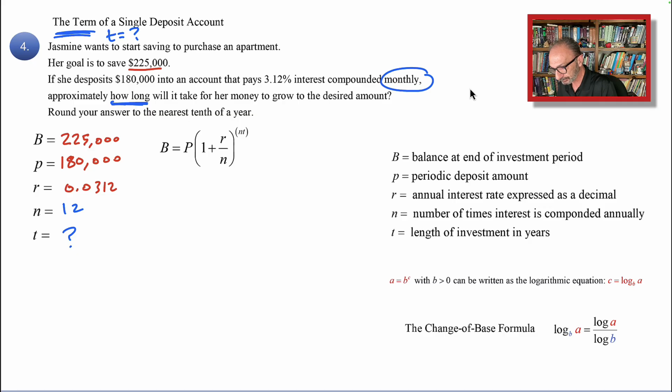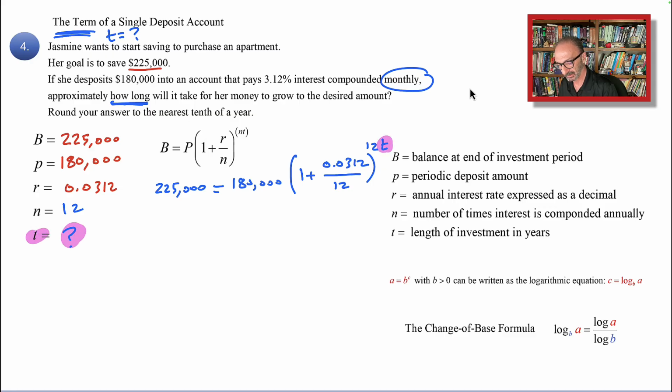We have B equals 225,000 equals 180,000 multiplied by 1 plus 0.0312 over 12 to the power 12T. T is missing. So the main focus here is we're trying to find T.